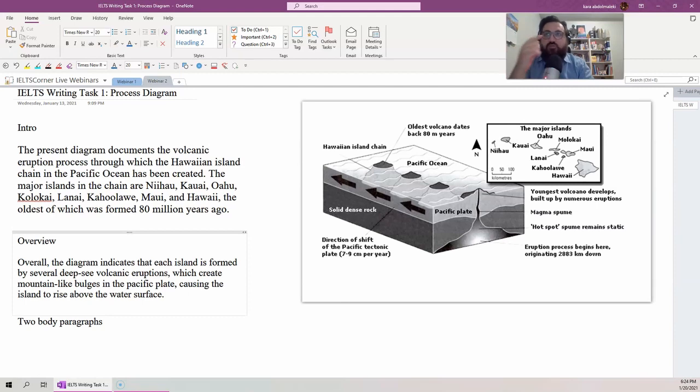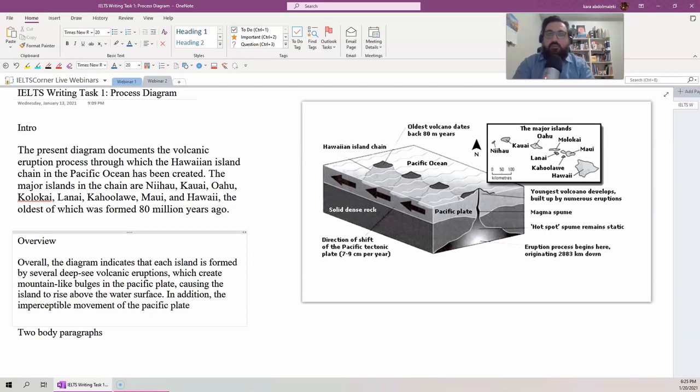Another key feature is the movement, right? So for the movement, let's add another sentence. Let's add it with "in addition," because we are adding information. So this movement is really slow. So what is a good word for slow? We can call it imperceptible. The imperceptible movement of the Pacific plate.